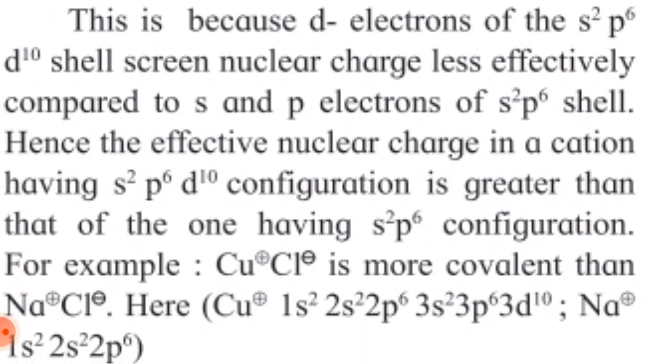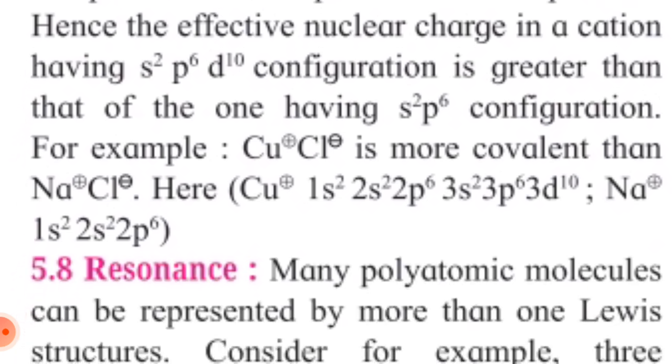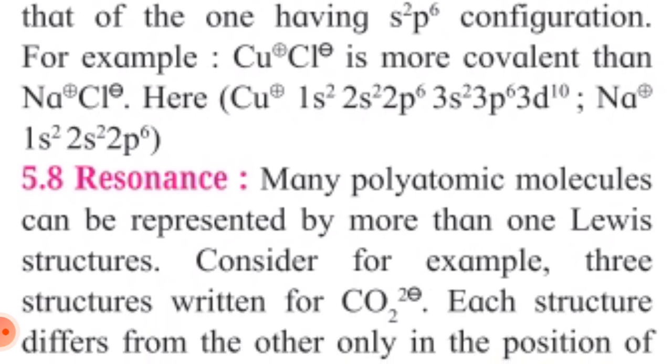This is because the electrons of the s2p6d10 shell screen nuclear charge less effectively compared to s and p electrons of s2p6 shells. Hence, the effective nuclear charge in a cation having s2p6d10 configuration is greater than that of one having s2p6 configuration.